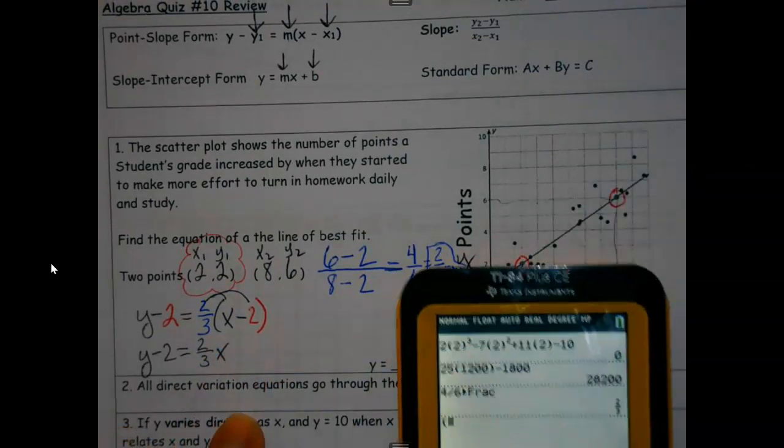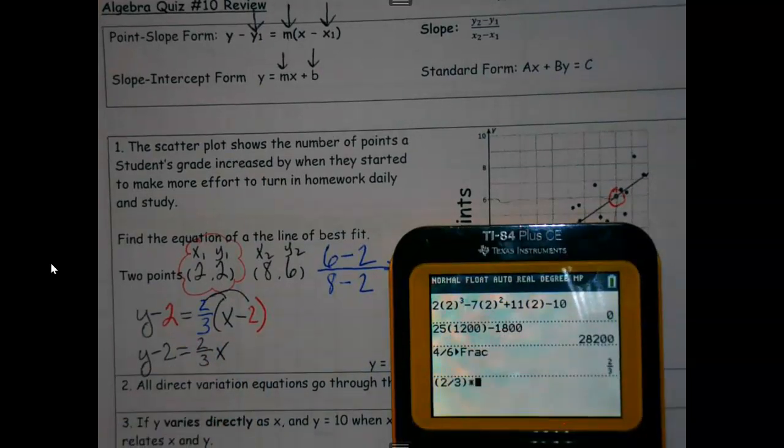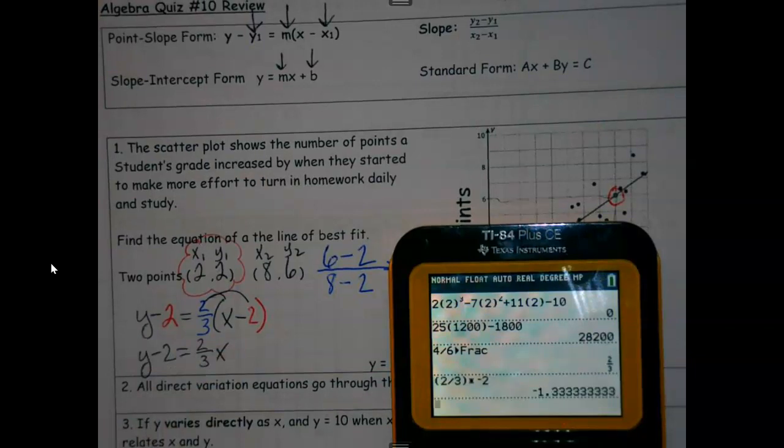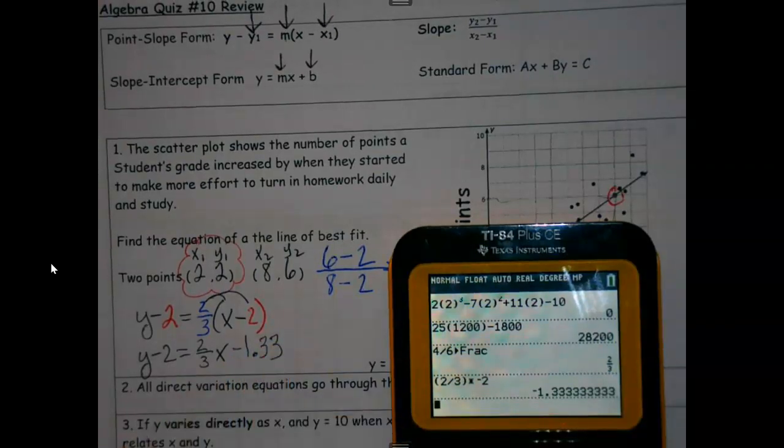So let's grab our calculator. 2 divided by 3 times -2. Hardy, can I put a decimal? We can. We could math enter this, but if we go decimally, I'm not going to scream. So we'll put that in.